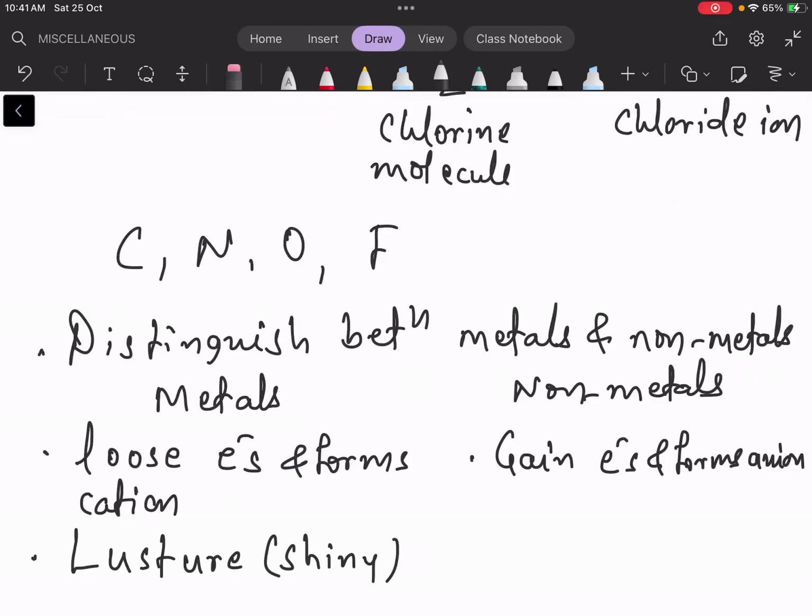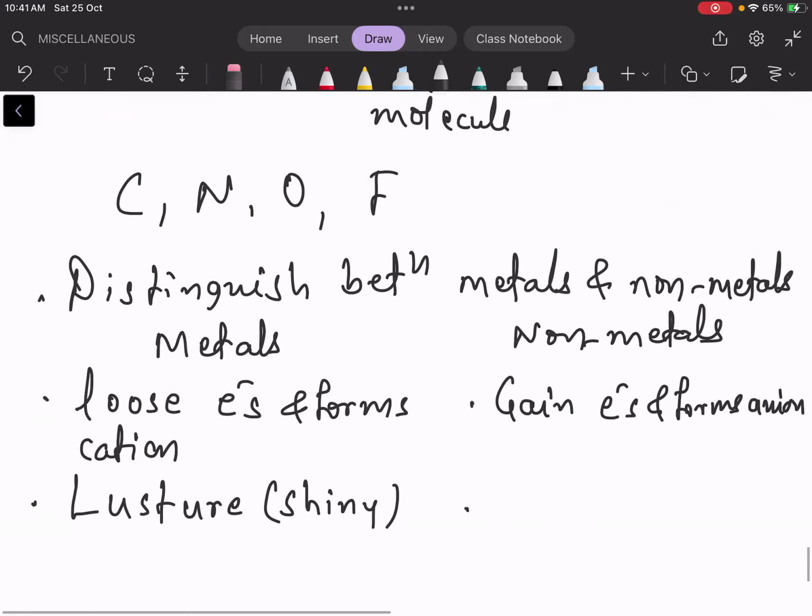And while coming to the ground state, they lose energy in the form of light. And that's why they show a shiny surface. Gold, shiny. Okay. Then silver, shiny in nature, right? Now, non-metals, they are non-lustrous.